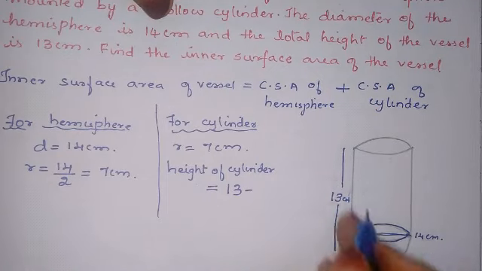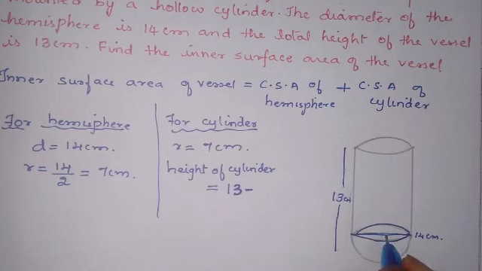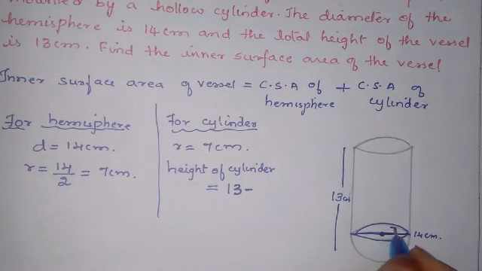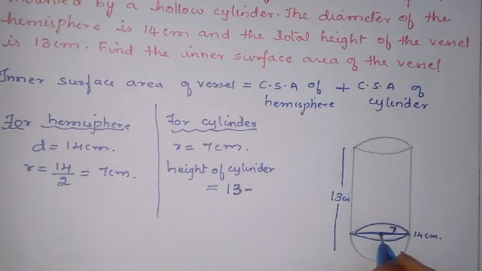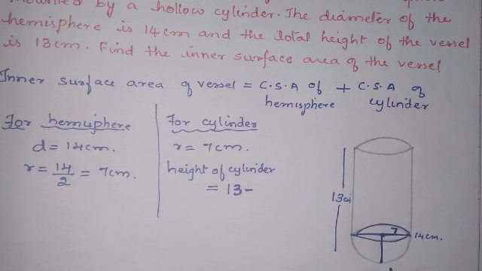So 13, full vessel, minus hemisphere. How? See, radius of hemisphere is 7. We can see here, if this is 7, here to here also is radius. So height of hemisphere is nothing but radius.